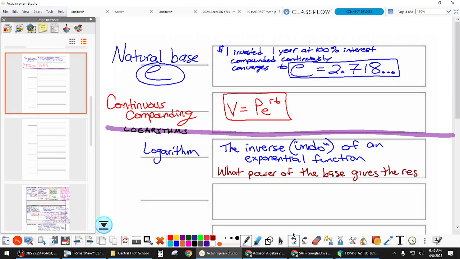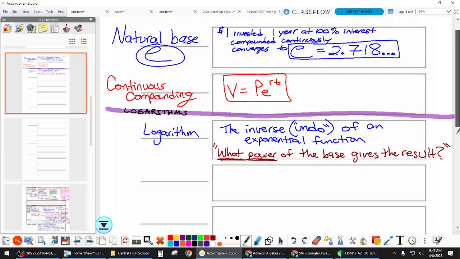So it answers what power, maybe even just underline that, what power of the base gives the result. And then we'll write the notation next. Let me raise this up for you.